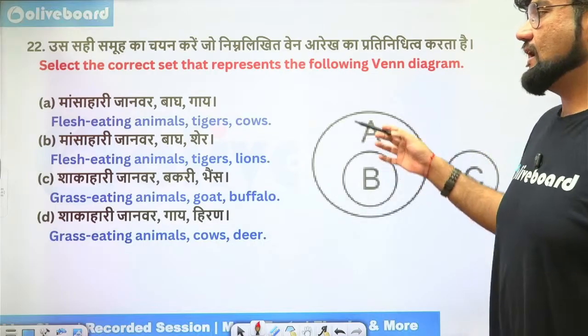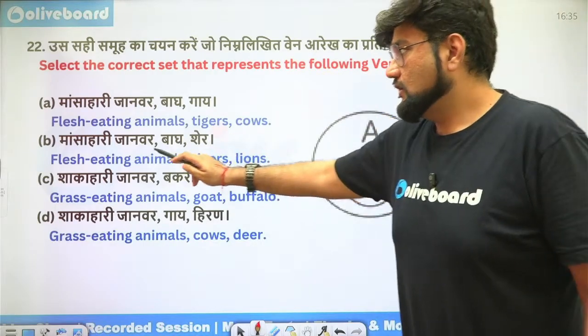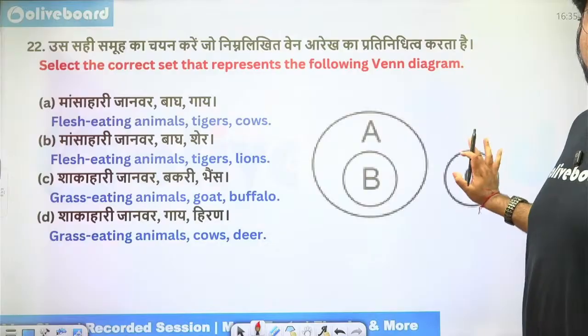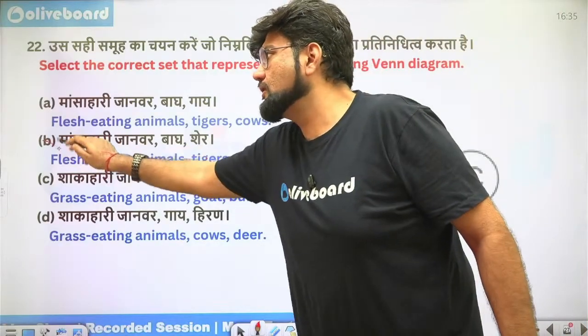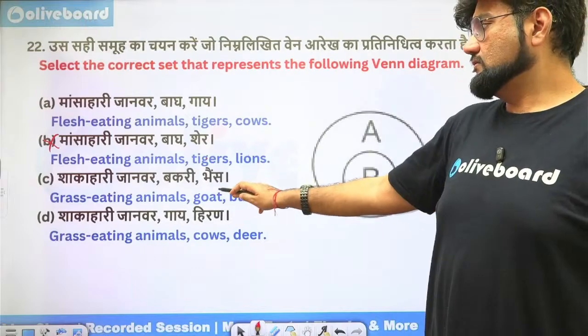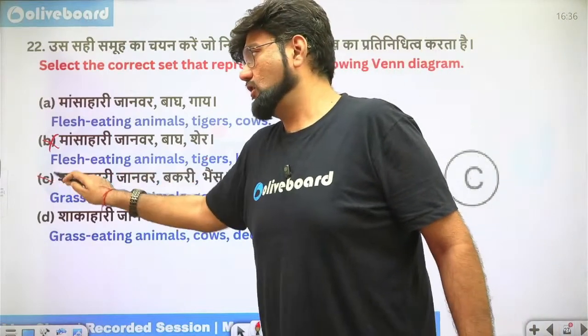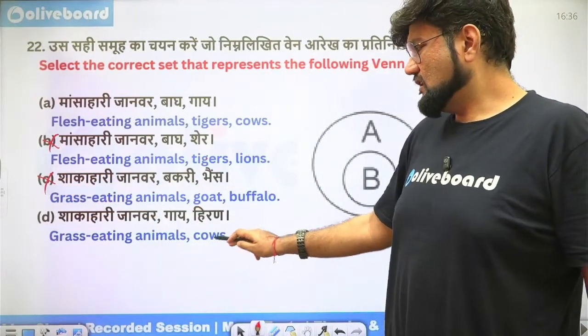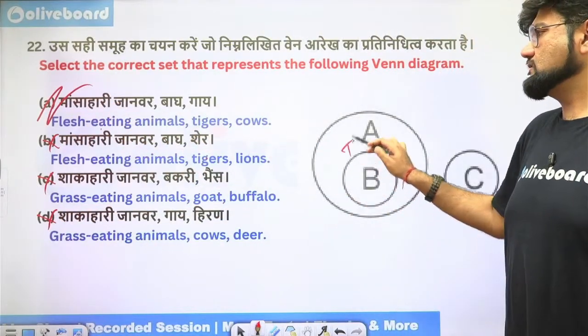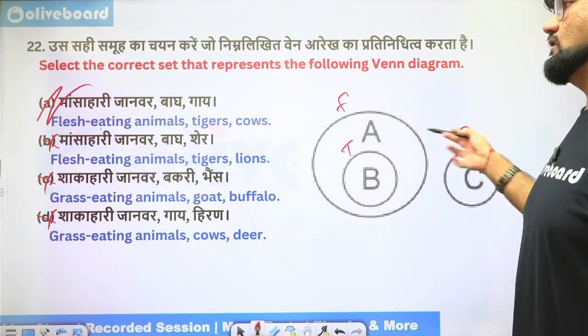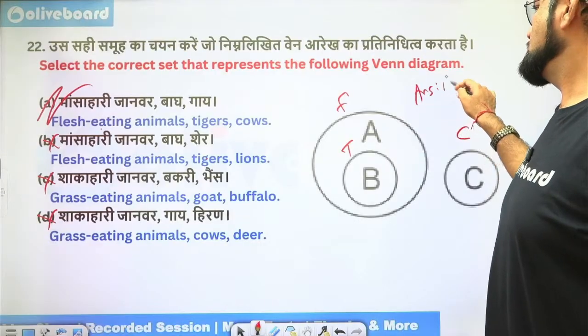So we can see now, quickly eliminate them. So flesh eating, see one element is completely not related. Tigers, lions, flesh eating, it cannot be possible because all 3 of them are related. Goat, buffalo, grass eating, all 3 are related. Cows, deer, grass eating, all 3 are related. So this is the only option where tigers are all flesh eating animals, cows are not. So option A is the right answer.